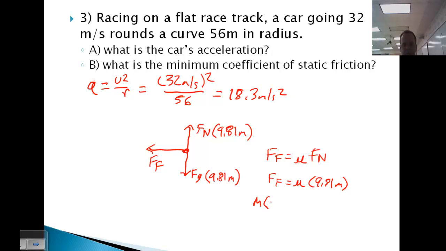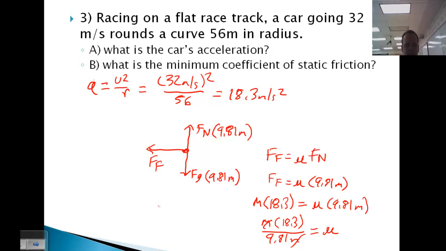So mass times centripetal acceleration, 18.3, equals mu times 9.81 m. Divide both sides by 9.81 m. The m's cancel, which will give us our mu, which is 1.86.